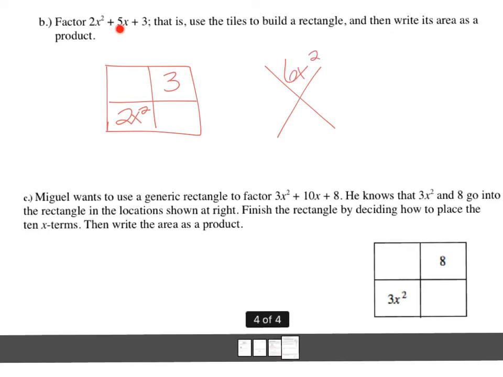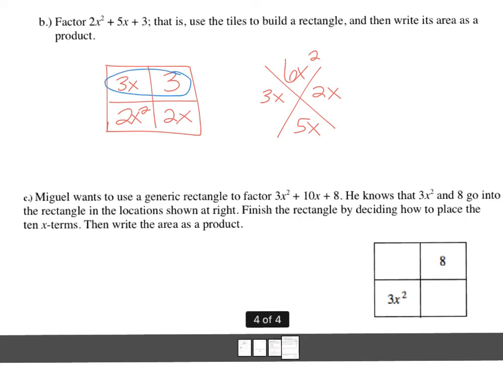The sum we need is 5x. So we need to think of two numbers that multiply to 6 but add to 5. That's 3x and 2x.